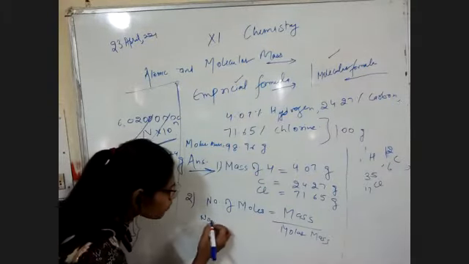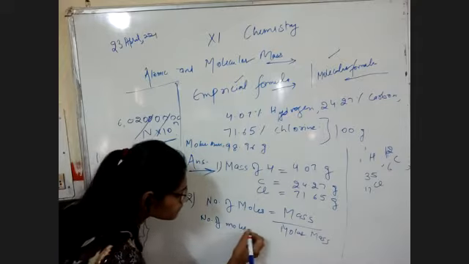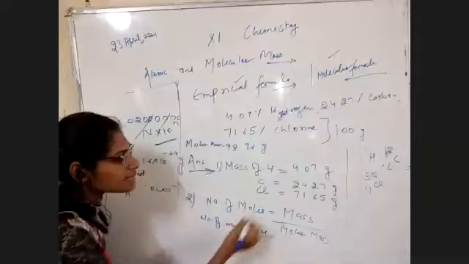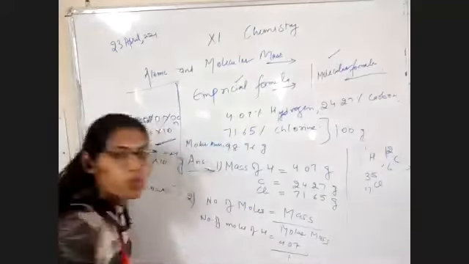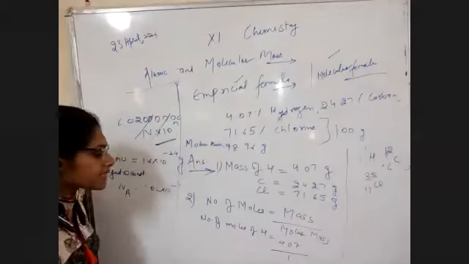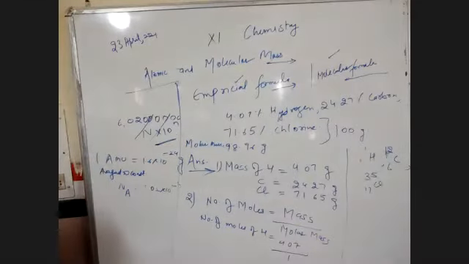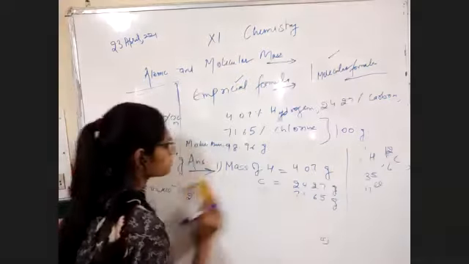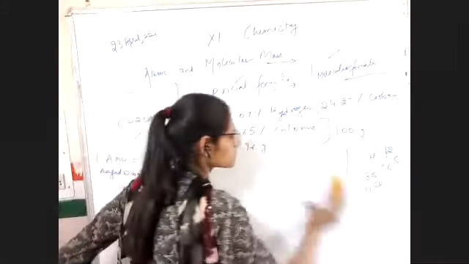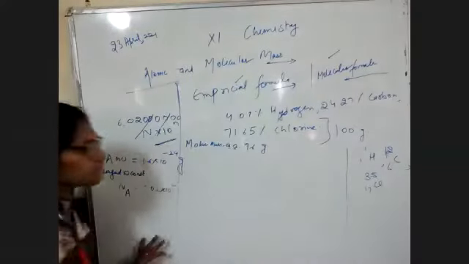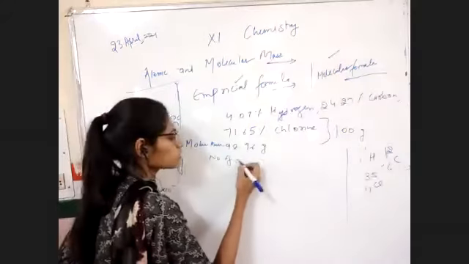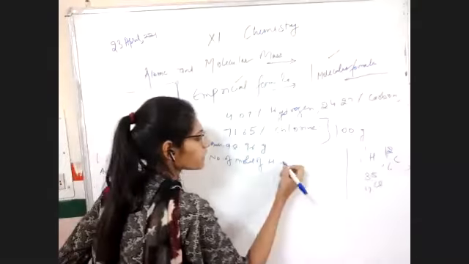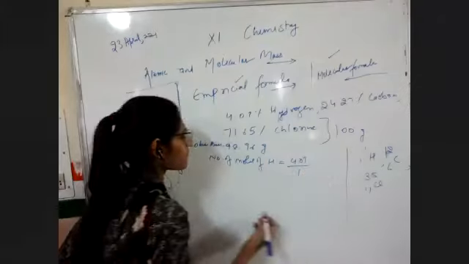Okay, so we have just done our formula. For the number of moles of hydrogen, given mass is 4.07 gram. Molar mass is 1. So for number of moles of hydrogen, we get 4.07 divided by 1.